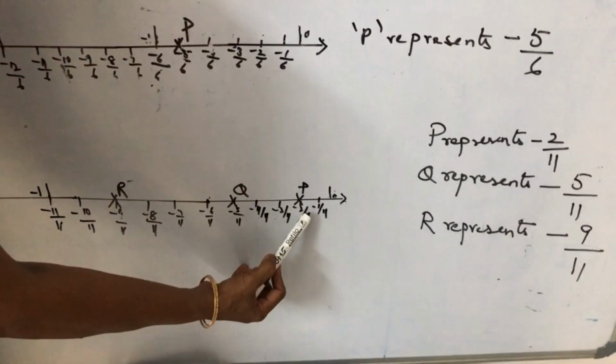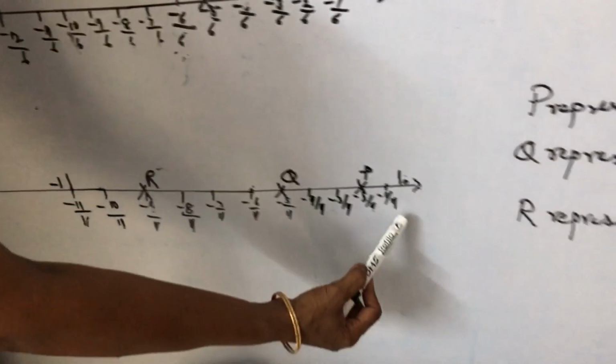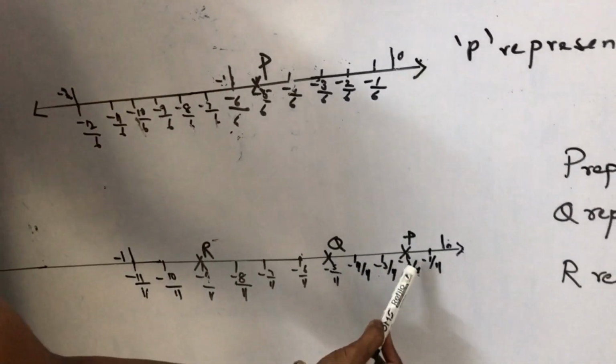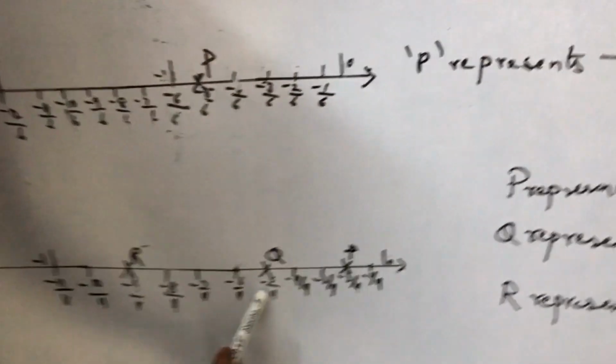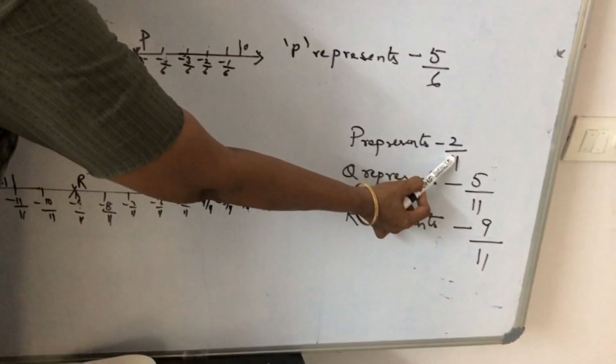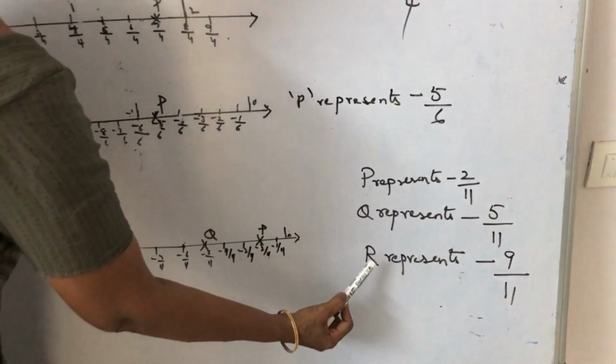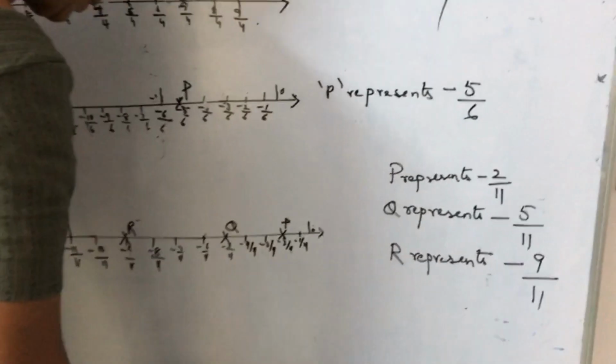You can see clearly, children. One unit length is divided into 11 parts. P represents minus 2 by 11, Q represents minus 5 by 11, and R represents minus 9 by 11.